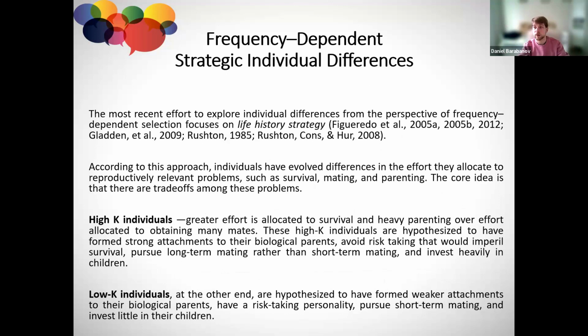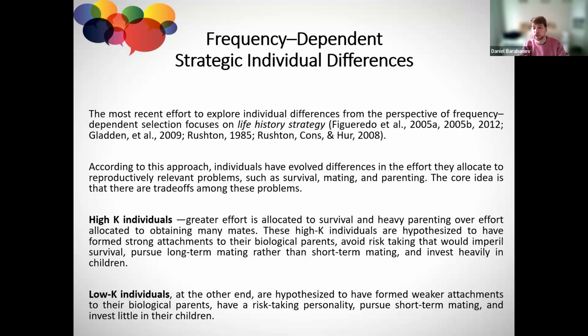This classification is based on how people deal with survival, mating, and parenting. High K individuals put greater effort into survival and heavy parenting over the idea of getting many sexual partners.